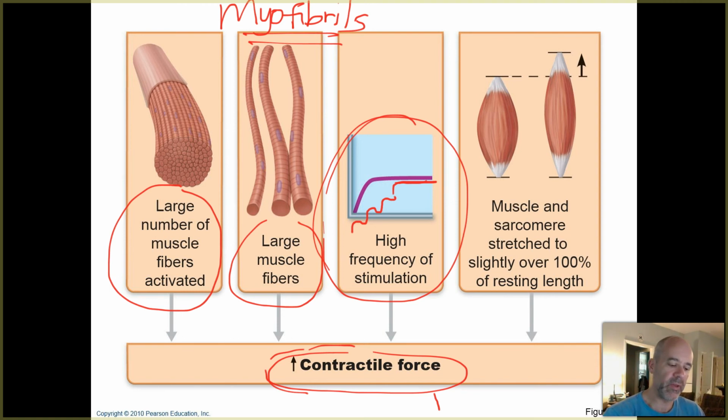All right, and then here's something that we haven't talked about yet, and that is if your skeletal muscle and the sarcomeres inside that skeletal muscle, before the muscle starts contracting, are pre-stretched a little bit, just slightly over 100% of the typical length of that muscle, that can actually increase the contraction force.